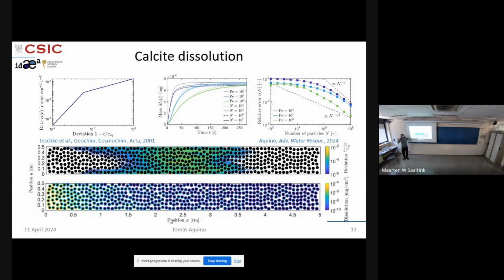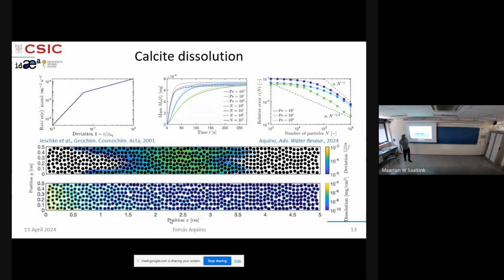I made this synthetic porous medium by just throwing some circular grains in 2D in there, jiggling them around for things to be a bit more fun. I solved the flow using OpenFOAM, if I remember right, and then I did some particle tracking on top of that using this sort of simplified calcite dissolution reaction at the grains. The grains don't change size here; it's quite a simplified problem.